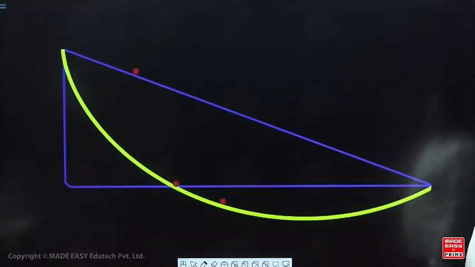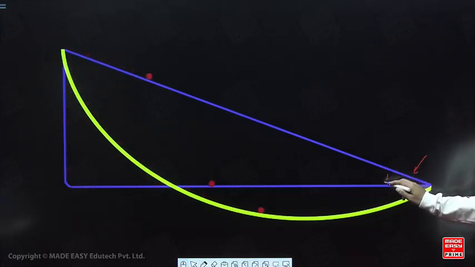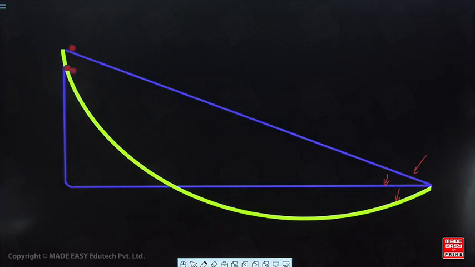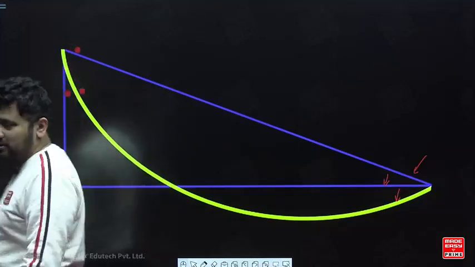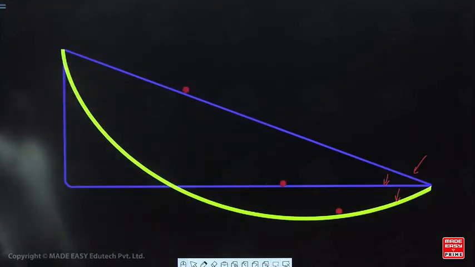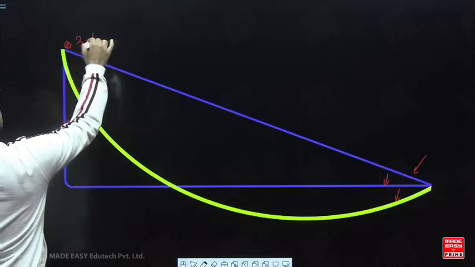Next, you can see that there are three curves. This is curve number 1, this is curve number 2, and let us say this is curve number 3. Now, the yellow one, it is your cycloid, correct. There are three balls which are simultaneously released, right.